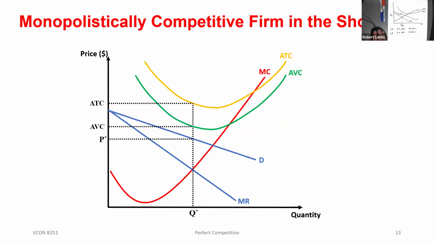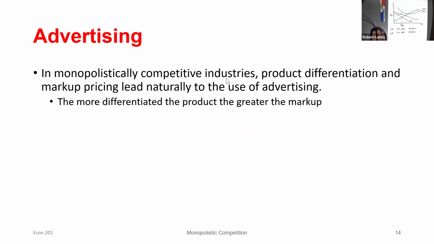All right. So let's think about if these firms are advertising. It's going to get a little bit tricky here because we have two things going on if firms choose to advertise. If I think about Chipotle and Qdoba, or even different bottles of water, they're differentiated products.